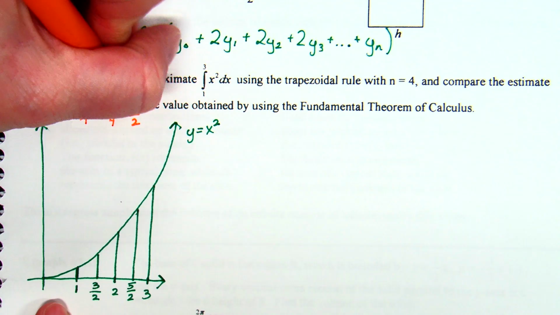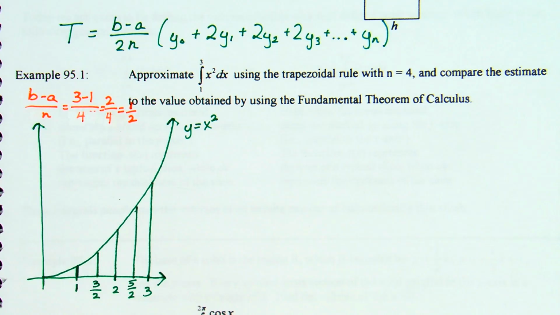As we look at the formula up above, we've already talked about we're going to know b and a, we're going to know n, yes? What we need to know are the y values, and the y values are going to occur at the corresponding x values. So we're going to need to know when x is 1, what is that y value?